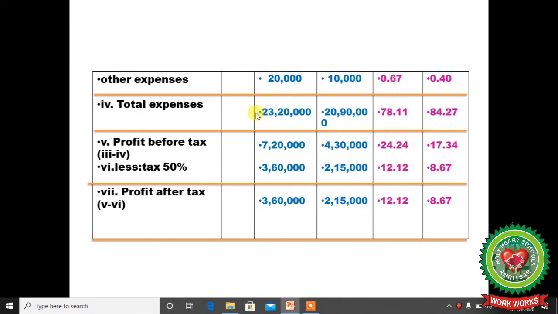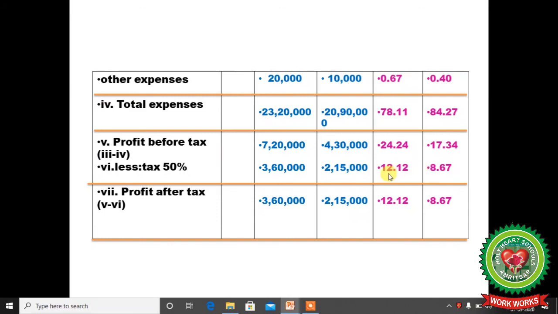In the same way, with the same formula, calculate total expenses also. Then profit before tax, you know how to compute: revenue from operation, deduct expenses, and you get the profit. Then 50% tax is imposed. 7,20,000, 50%, is 3,60,000, and here 4,30,000, 50%, is 2,15,000; that is your tax imposed.